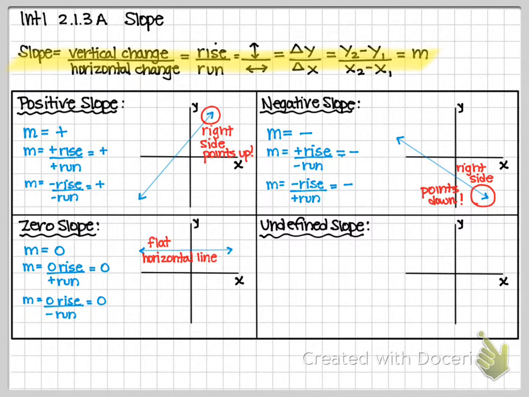Just see if you can make a prediction for yourself with undefined, and know that the 0 slope and the undefined slope have a relationship kind of like the positive slope and the negative slope do, in that if I flip it, then I'll get the other one. So make your prediction.